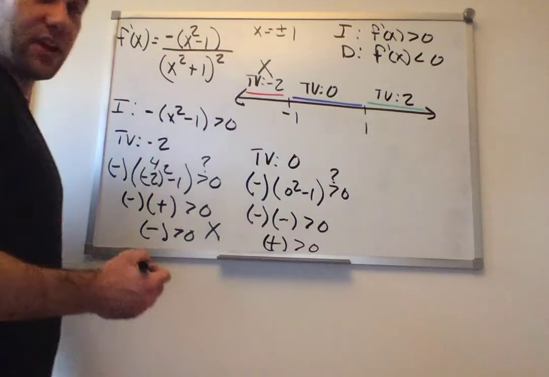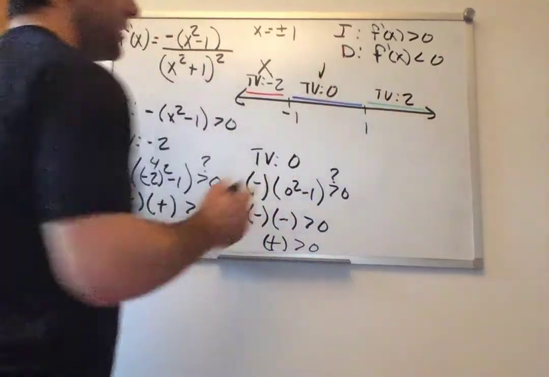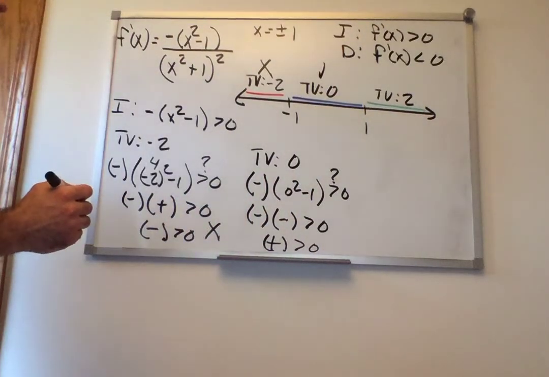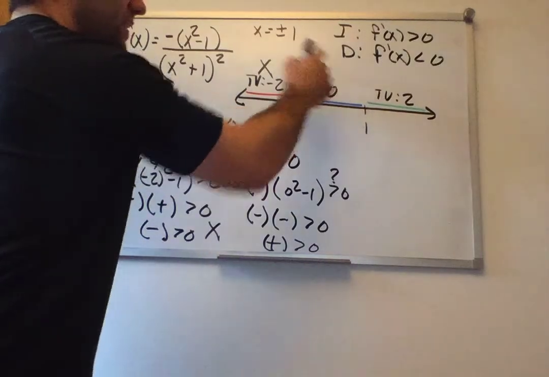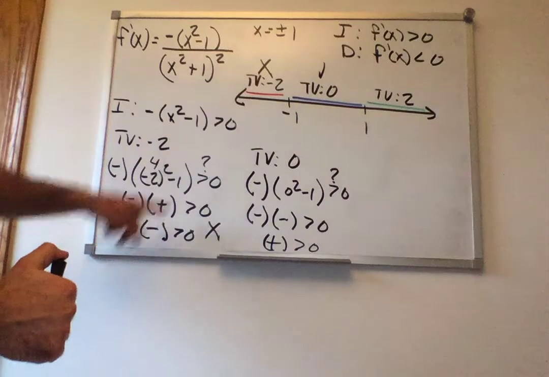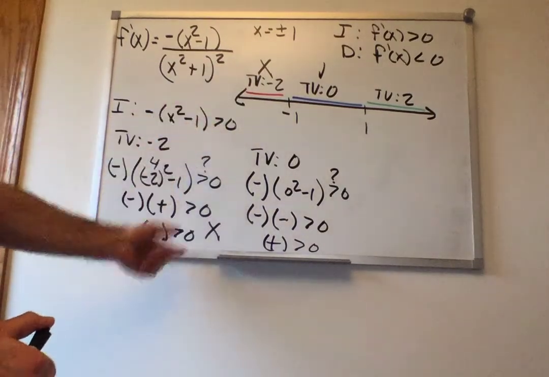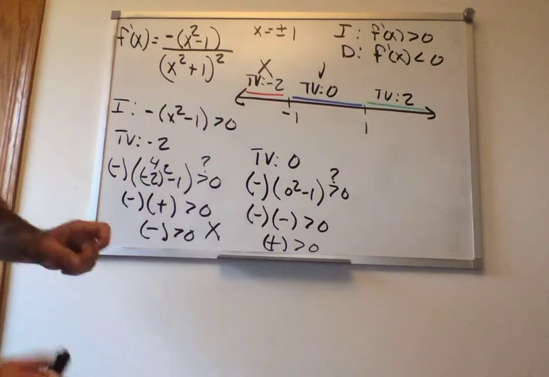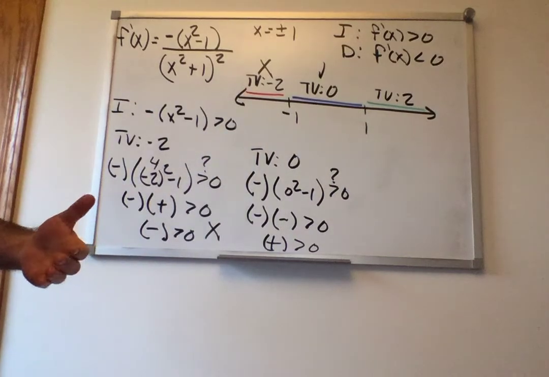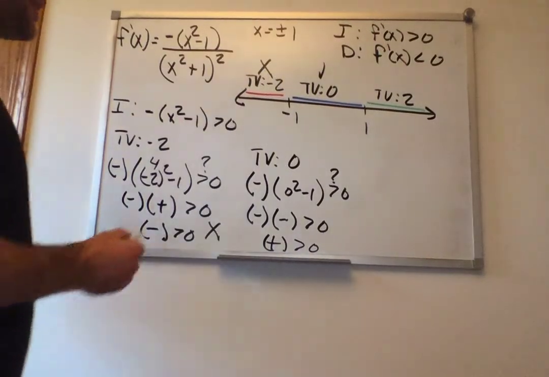Is a positive number greater than 0? It is. So this interval worked. So this is going to be an increasing interval. As you see, for a decreasing interval, this one didn't work. We got a negative number here. If we're doing decreasing, flip the sign. So this is going to be a decreasing interval. So you do them at the same time, essentially.